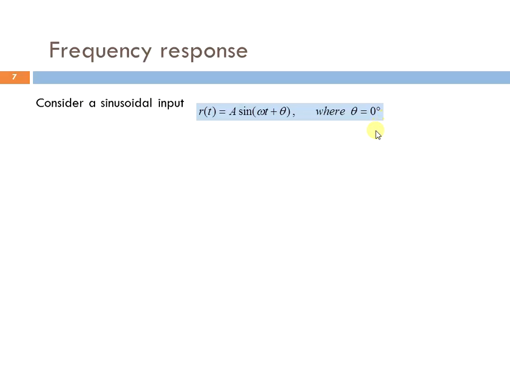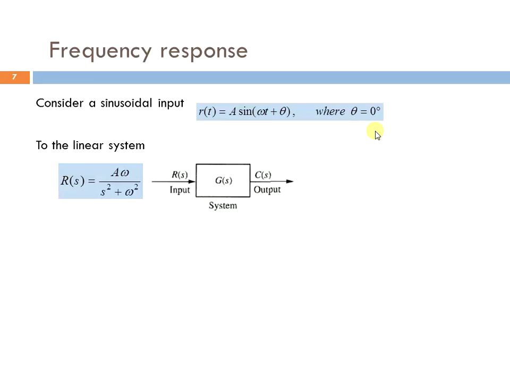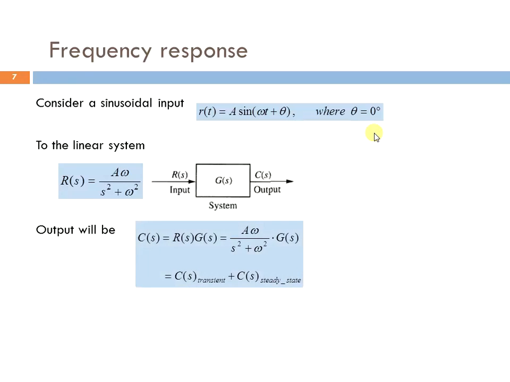Now if we take this to be our input to the system, which can be represented in the Laplace domain, because the system is also represented in the Laplace domain, we find that the output response will consist of a transient component as well as a steady state component. The frequency response is determined based on the steady state sinusoidal response of the system.